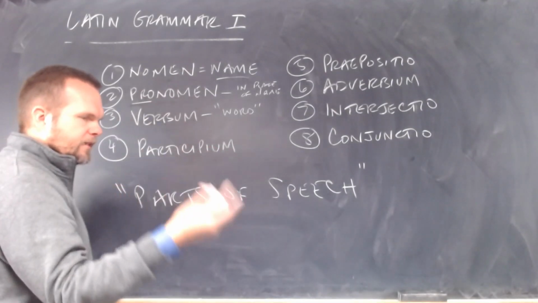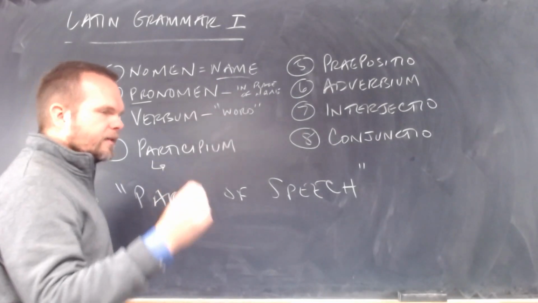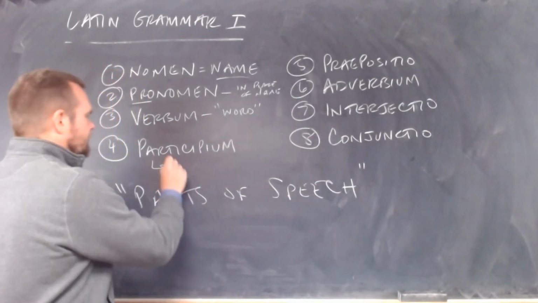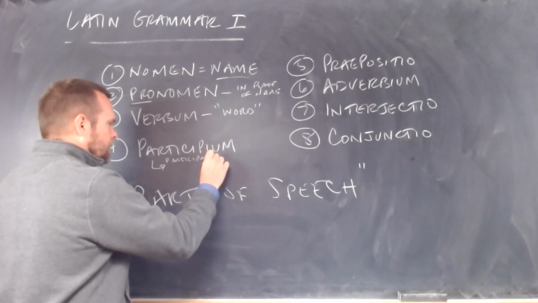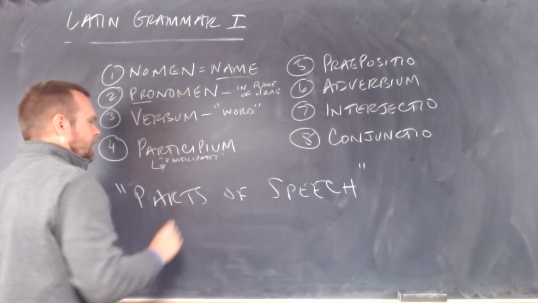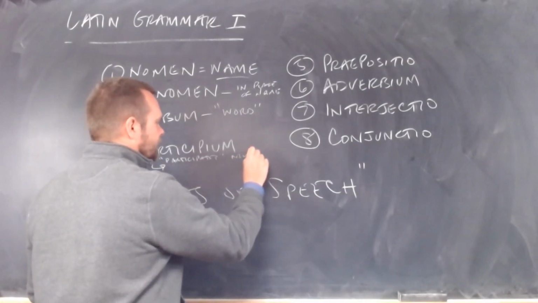Participium translates as participle. It's called a participle because it participates or shares in the qualities of both a noun and a verb.